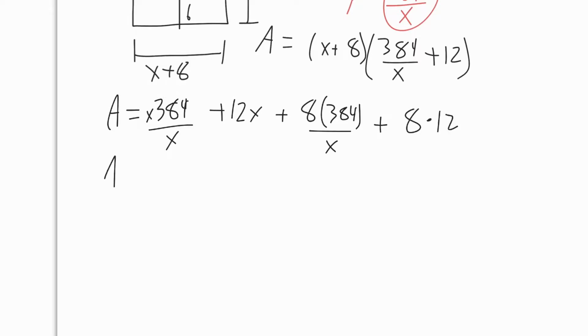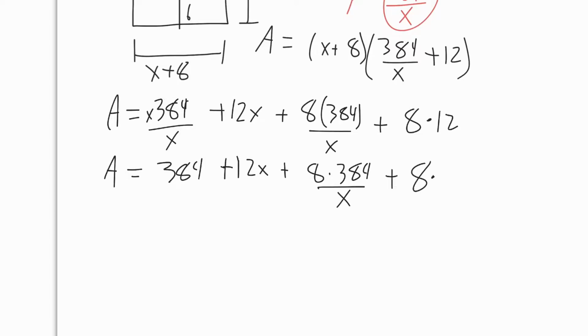So if we clean this up a bit, we get A equals 384 plus 12X plus, and I'm going to leave this as 8 times 384. I'm not going to actually do the multiplication yet because I may need to factor later.